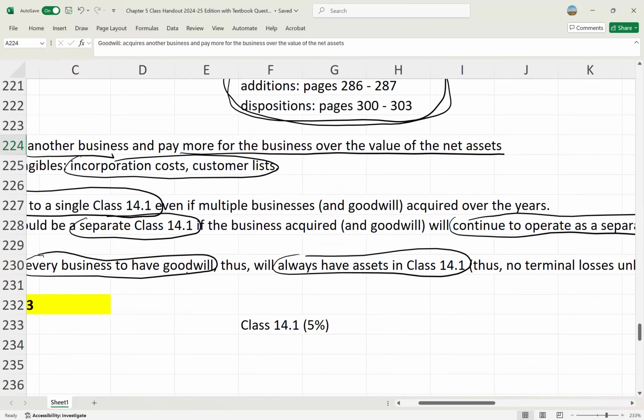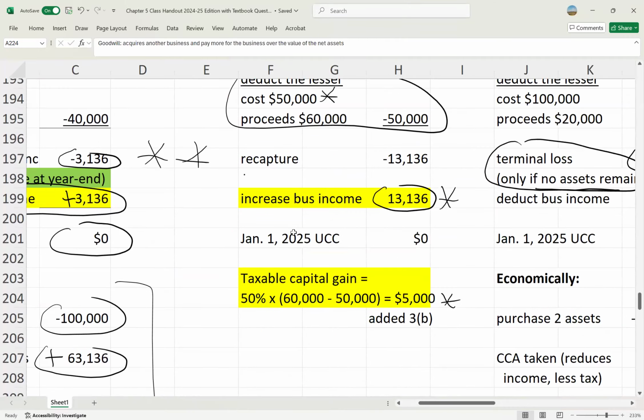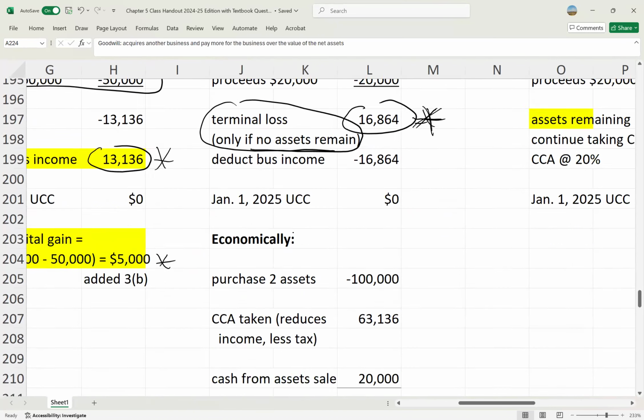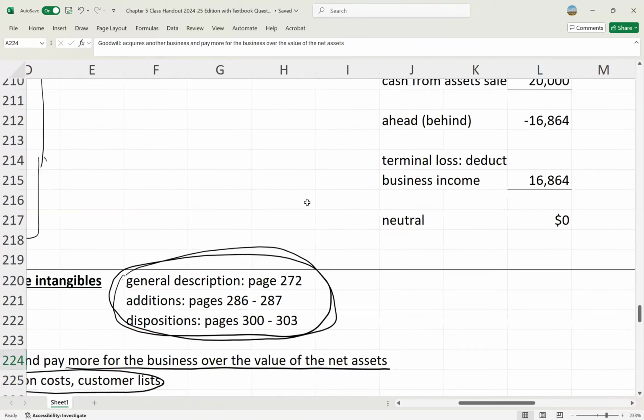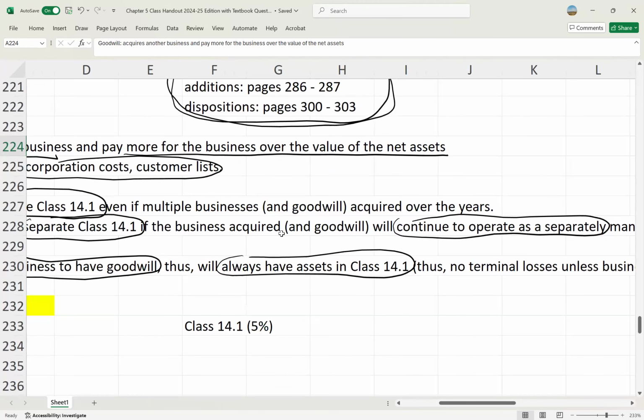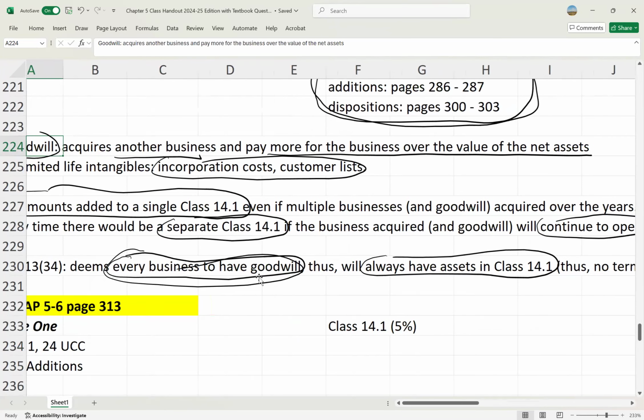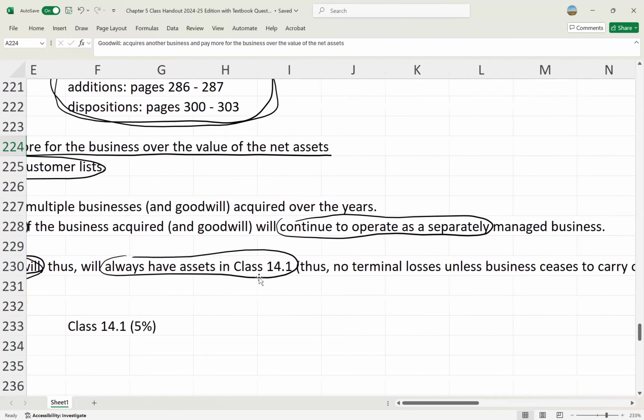Remember we talked about terminal losses, and we said a terminal loss is if you have a positive balance, but there's no assets remaining. With class 14.1, because of this rule that says all businesses will always have some amount of goodwill, even if they've never bought another business, there's some goodwill that they internally generated. They're always going to have goodwill in class 14.1.